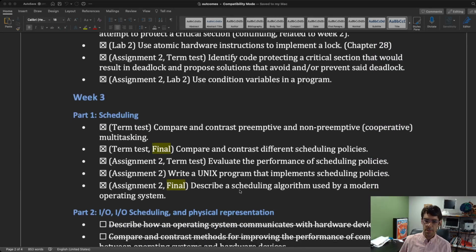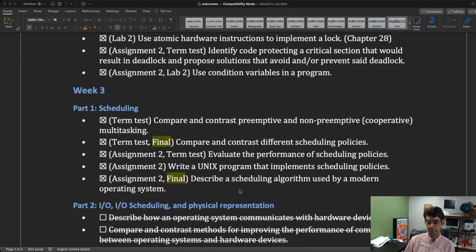The other ones that you're going to be assessed on are from week 3 on scheduling, and the things that I'm looking at here are compare and contrast different scheduling policies and describe a scheduling algorithm used by a modern operating system. For these two, I'm really specifically thinking about the set of scheduling policies that were in the first part.